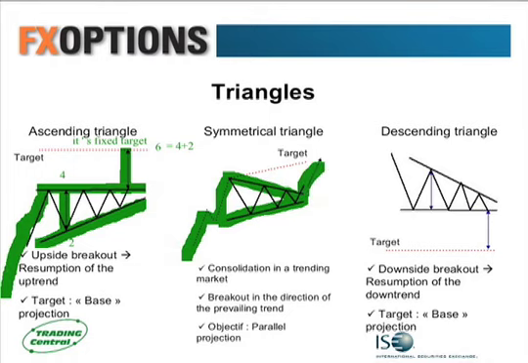So the difference with the ascending triangle is the target, because the target is a moving target. It's not a fixed target, because the target will be the parallel of the lower boundary. So the main difference is in the target, a moving target.